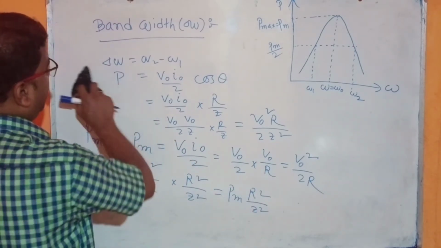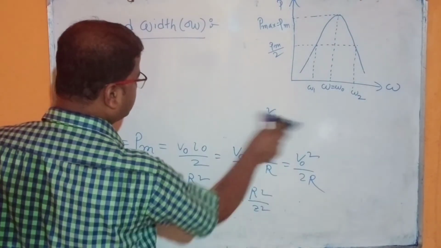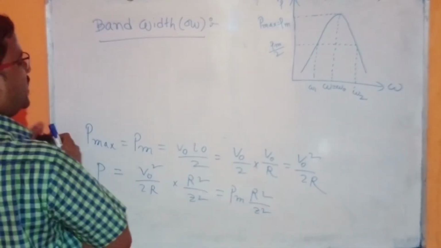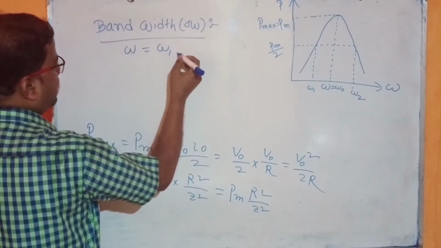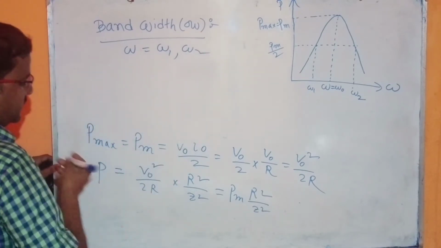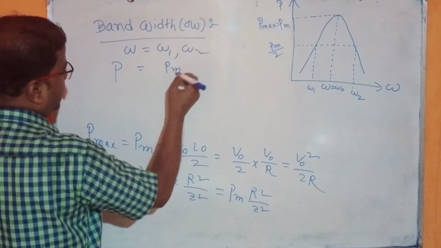According to our definition, at omega equal to omega 1 and omega 2, the power equals Pm by 2.